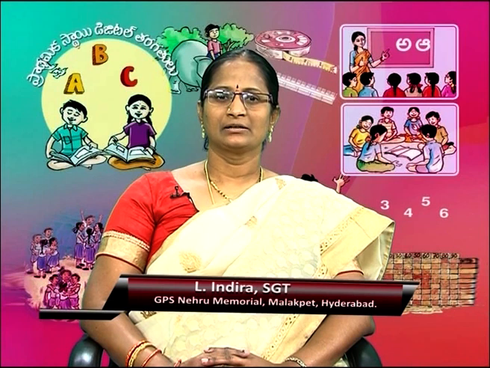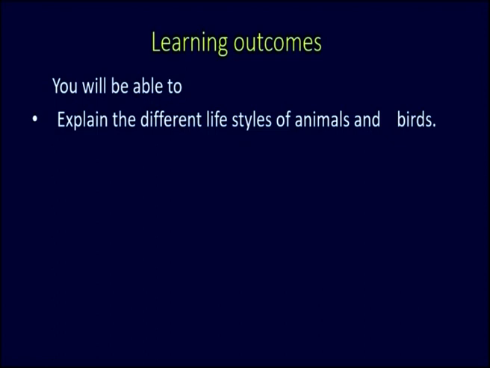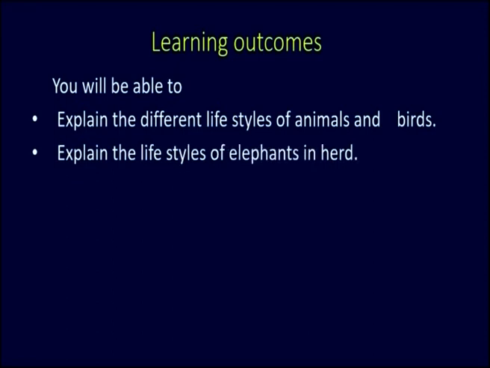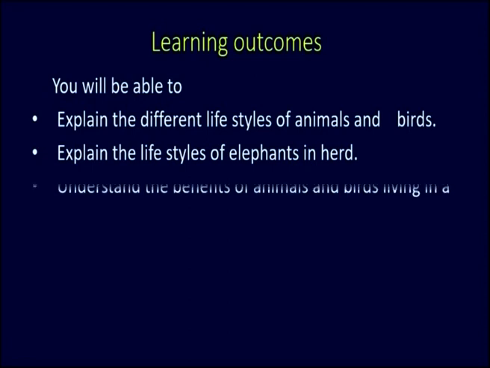Before we start our class, let us look at the learning outcomes of today's lesson. You will be able to explain the different lifestyles of animals and birds. Explain the lifestyles of elephants in a herd.